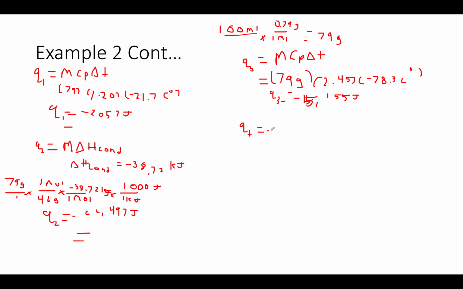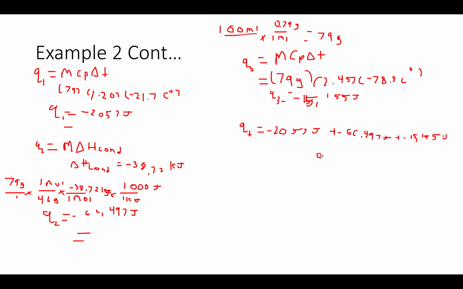So Q total would equal Q1, negative 2,057 joules, plus Q2, negative 66,497 joules, plus Q3, negative 15,155 joules.